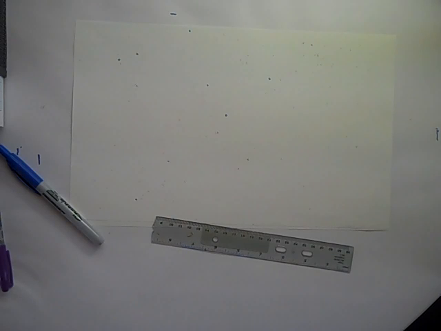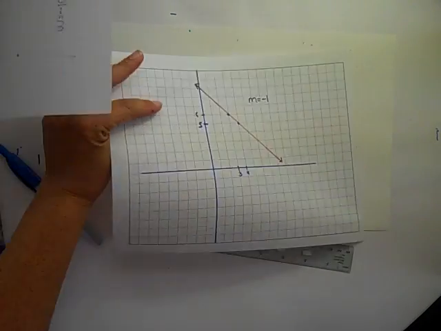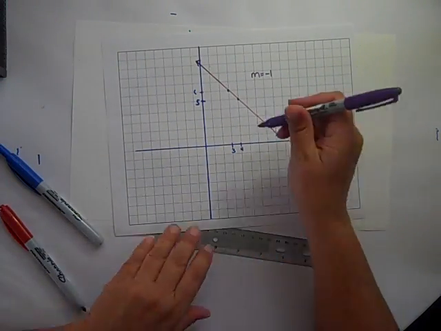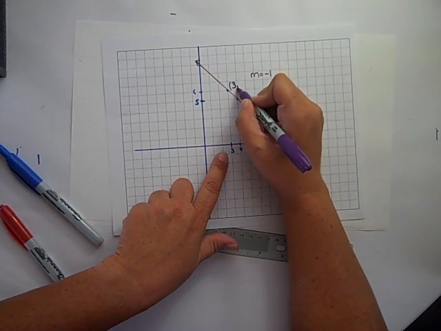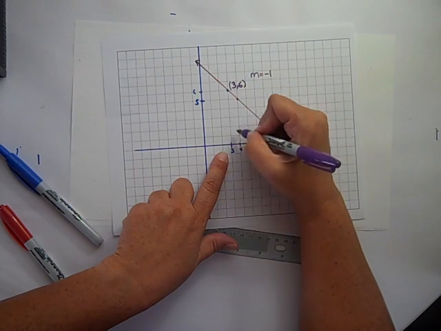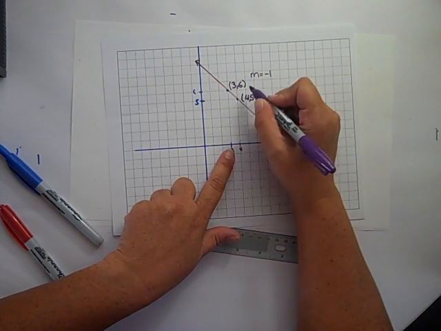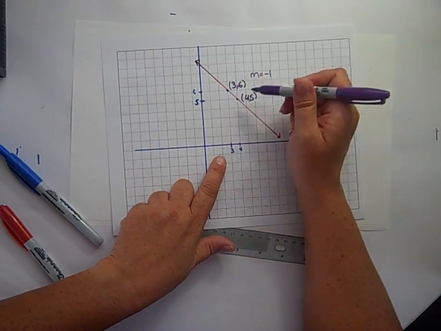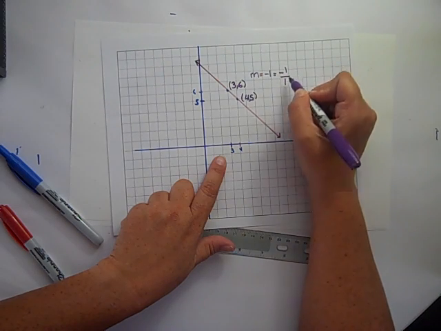Let's do number 5, which was a slope of -1. I already have this one drawn, so you may have to pause this a little to keep up. The first point I did was 3, 6. The second point I did was 4, 5. All I did to do a slope of -1 is I went down 1 and then over 1. The slope of -1 is -1 over 1.